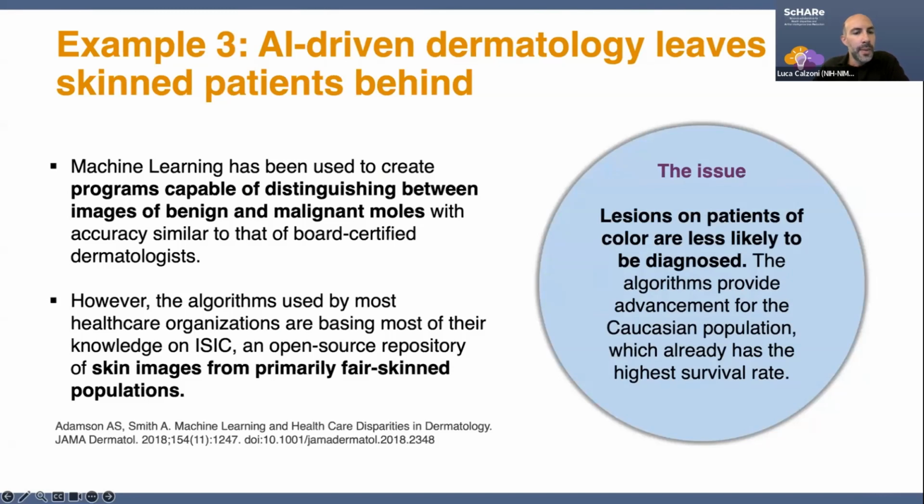But the problem was that an open source repository of skin images from primarily fair-skinned populations was used to train the algorithms. And so as a result, lesions on patients of color were less likely to be diagnosed. So the algorithms provided that diagnosis, but it was less accurate.